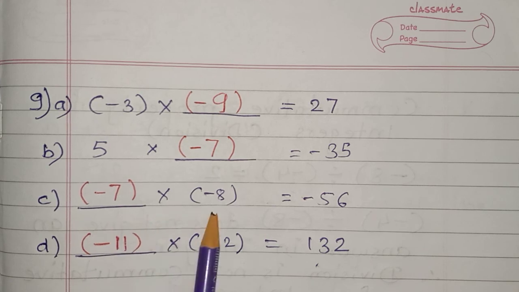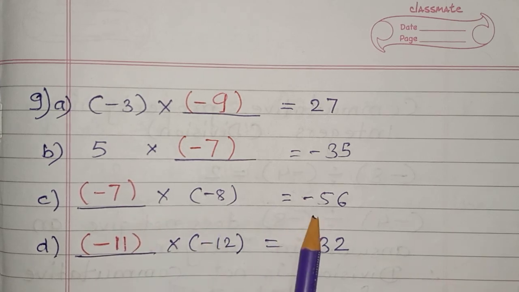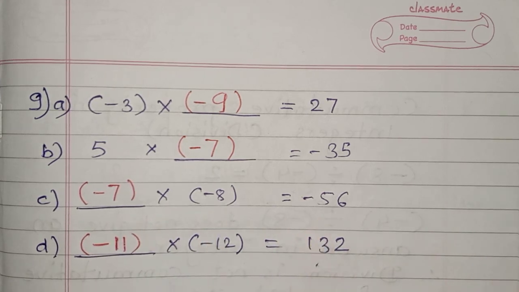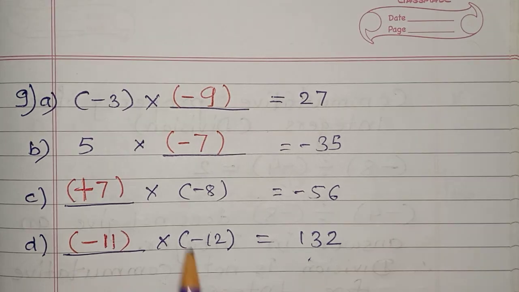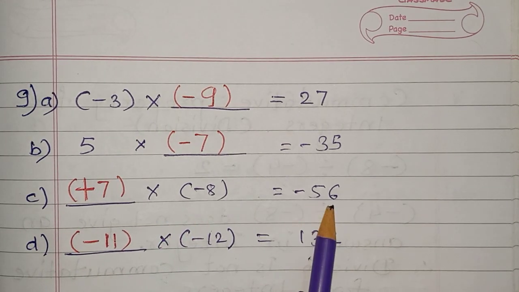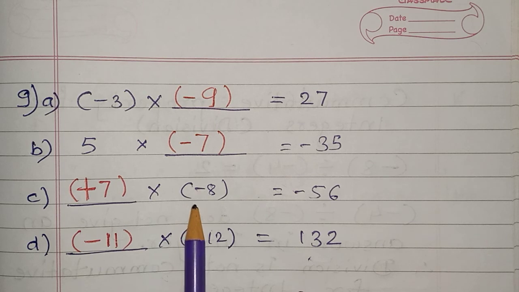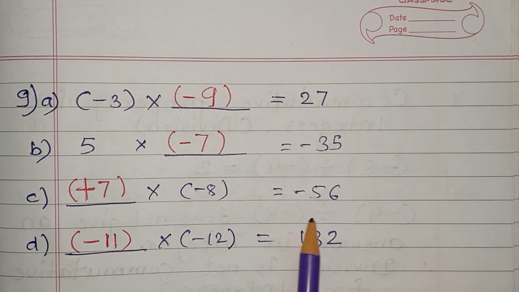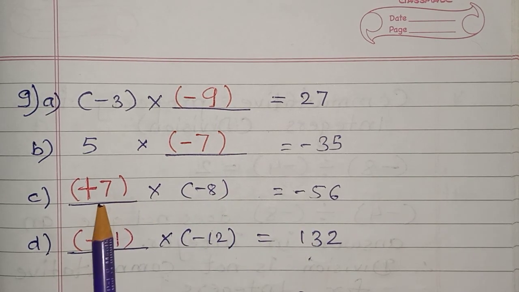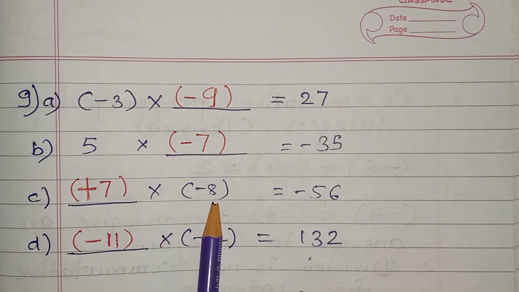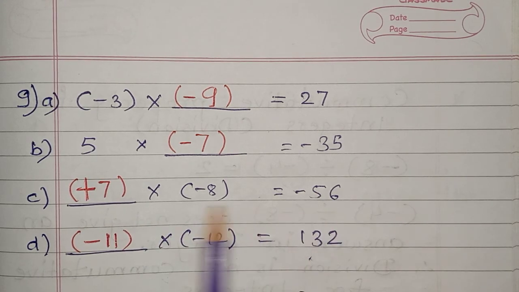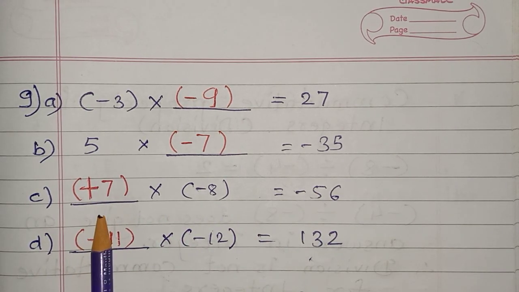Now what multiplied by minus 8 gives the answer minus 56? Here minus 8 is there and the answer is also negative, so this number has to be positive. 8 7s are 56, so here I have written plus 7.